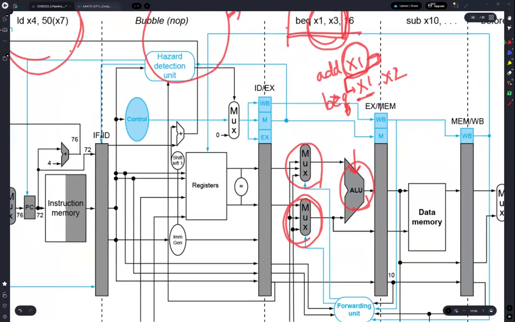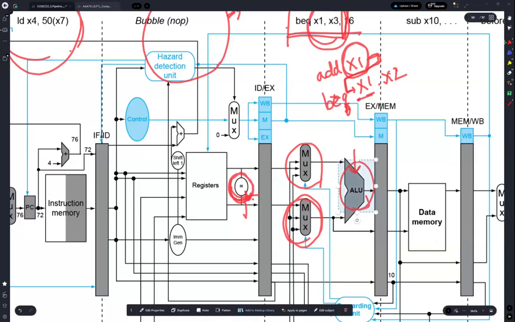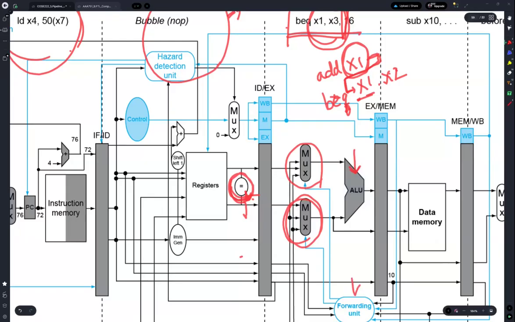in the new solution, the branch instruction reads register operands from the register file, and then the two register operands are checked by this comparator. What's the problem? The data cannot be forwarded by this forwarding unit, because the forwarding boxes are here.